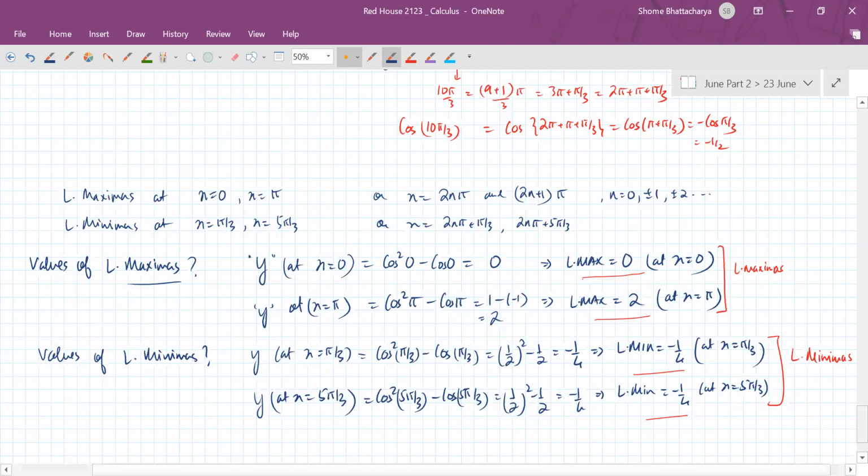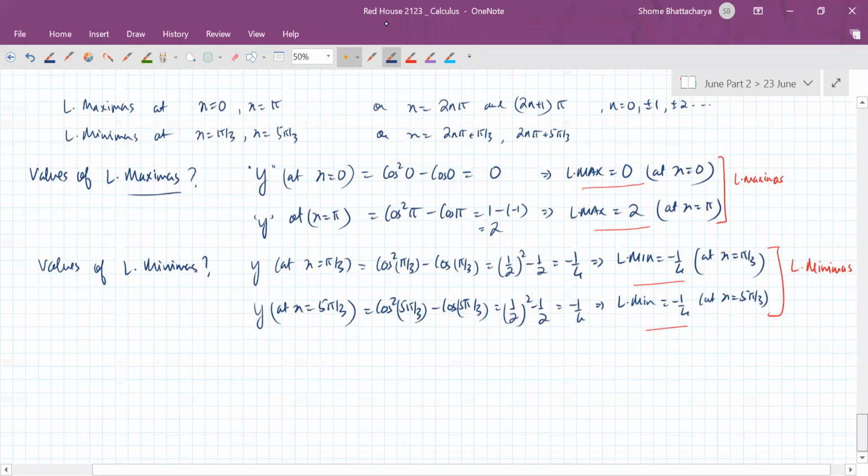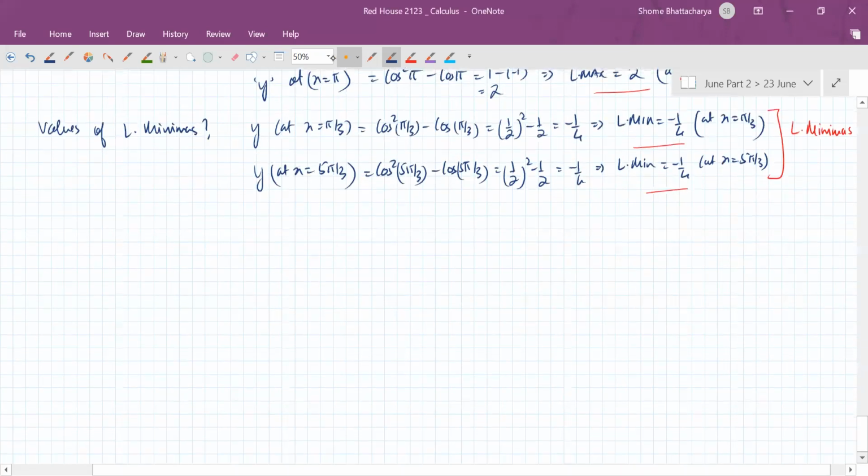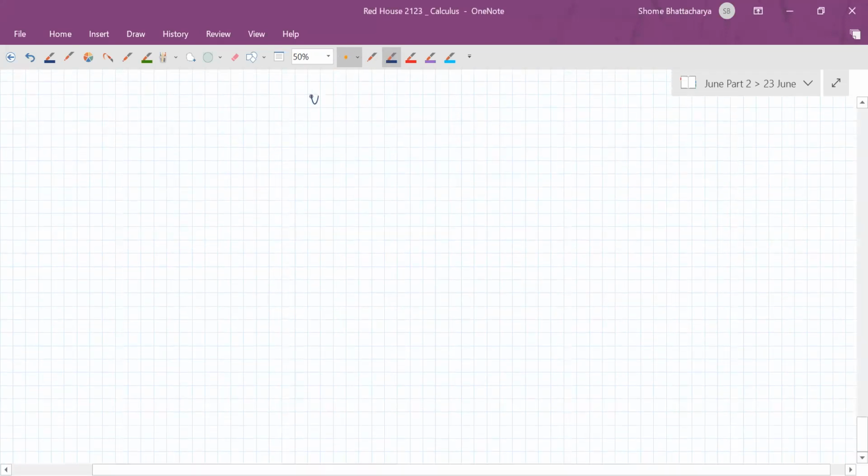Okay, so if we now analyze the graph of this function, we will come across that one. Okay, let me explain. See, what was happening here is the function originally was cos square x minus cos x, right?